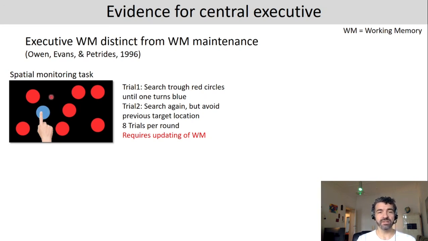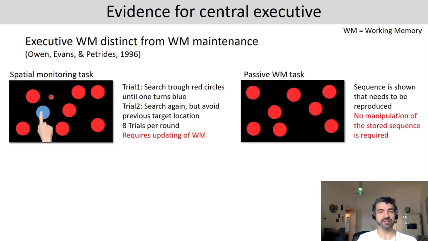So what this task required was a constant updating of working memory. So you need to keep track of a specific location that you're not supposed to click on again, and then each trial you need to add one item to that. And the idea would be that this probably requires the central executive to quite a large extent, because you need attentional control and you need to get access to the stored information and then update it again and again.